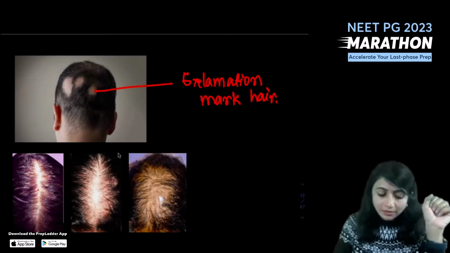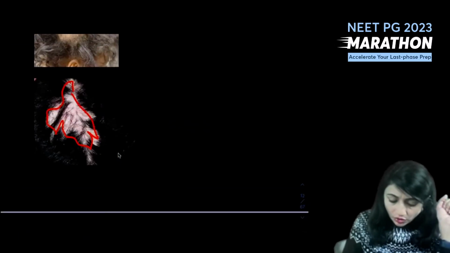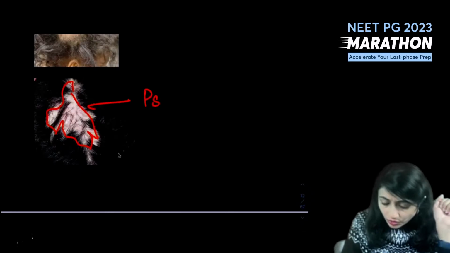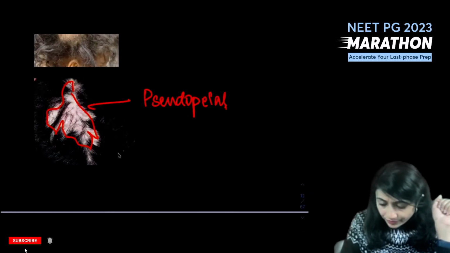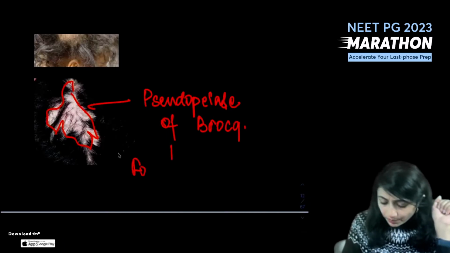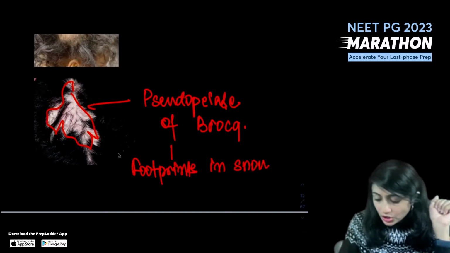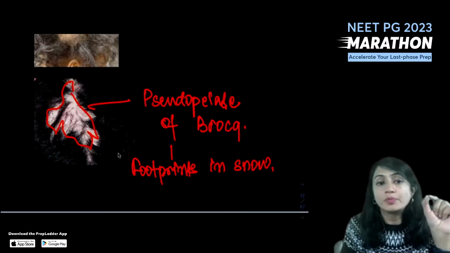Then what else can present with patchy hair loss? Something which is called as pseudo-pelade of Brock. And this will present with footprints in snow appearance. So footprints in snow is seen in pseudo-pelade of Brock.